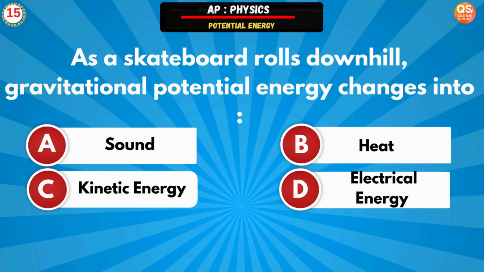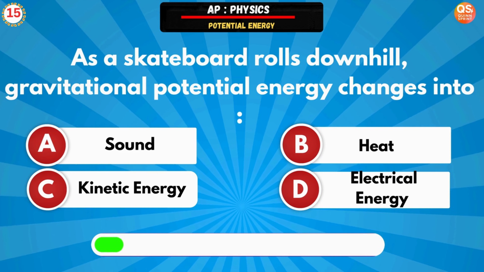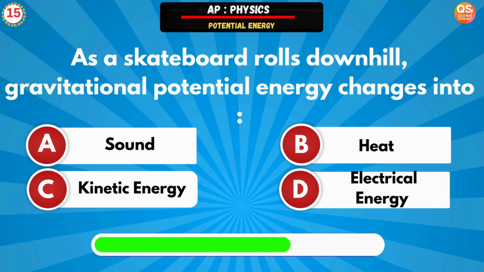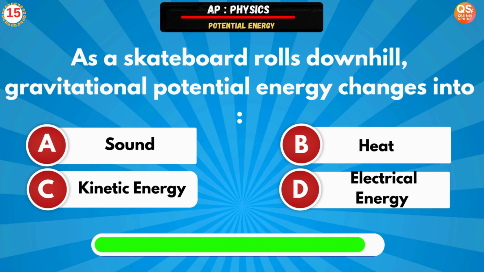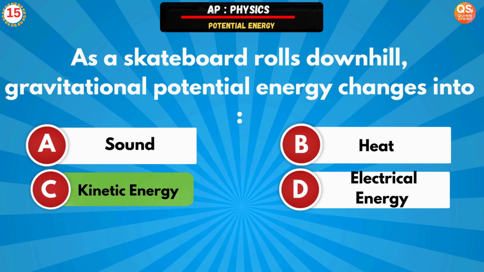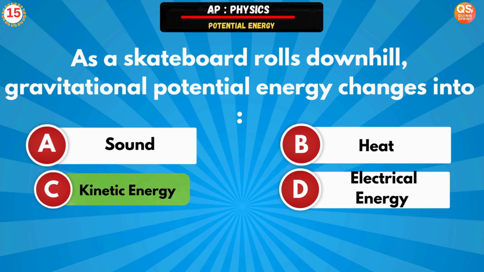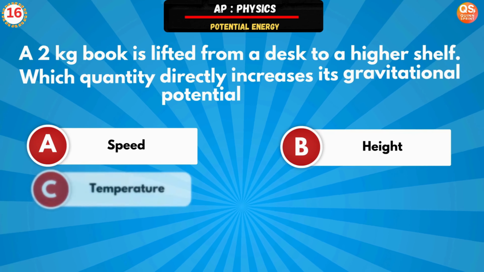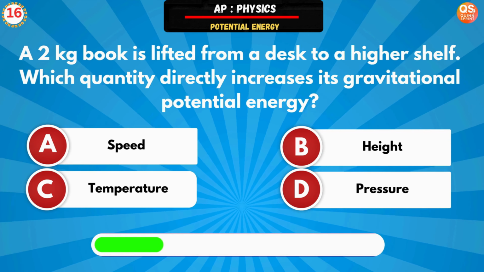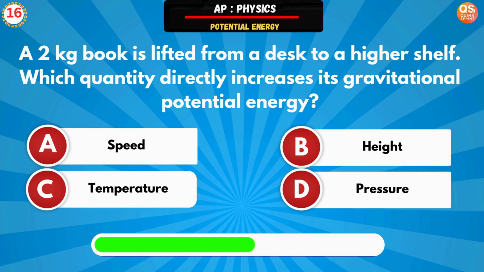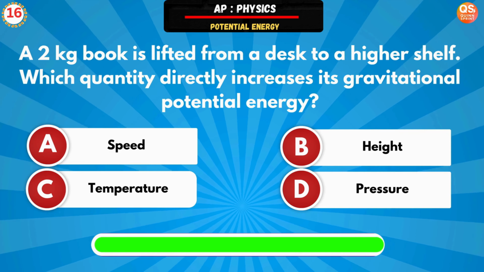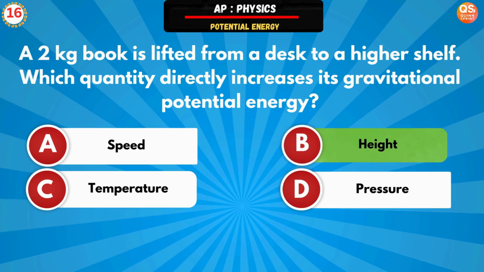As a skateboard rolls downhill, gravitational potential energy changes into kinetic energy. A 2 kilograms book is lifted from a desk to a higher shelf. Which quantity directly increases its gravitational potential energy? Height.